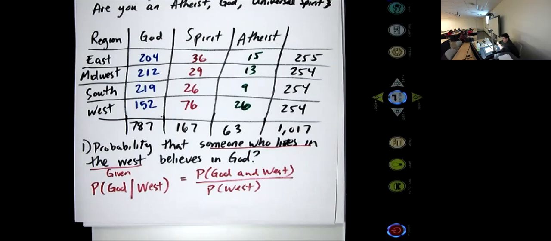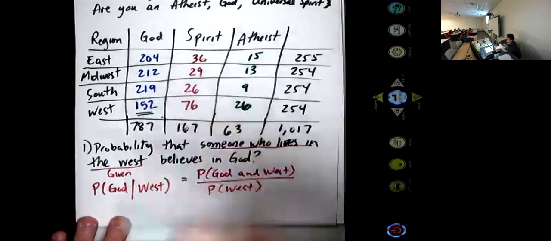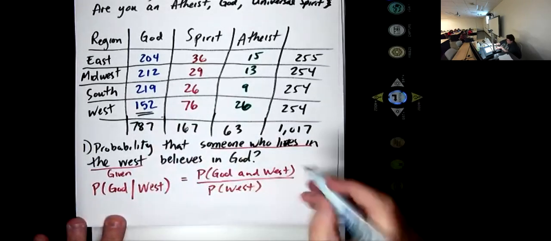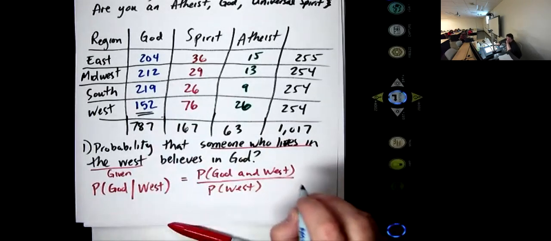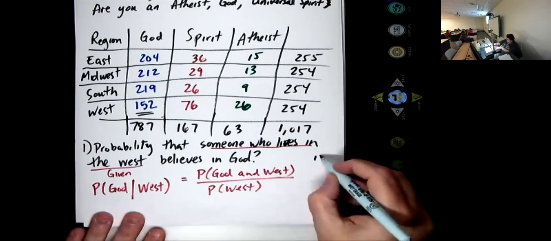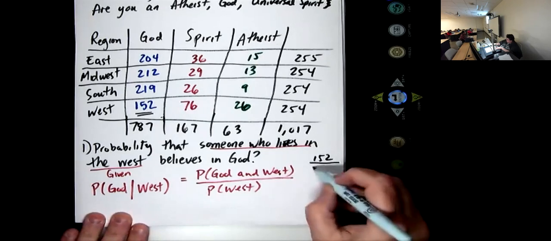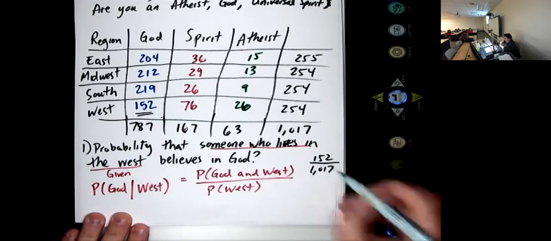So what is the probability that someone lives in the West and believes in God? The only group of people that applies to is this 152. There are 152 people that believe in God that live in the West out of 1,017.